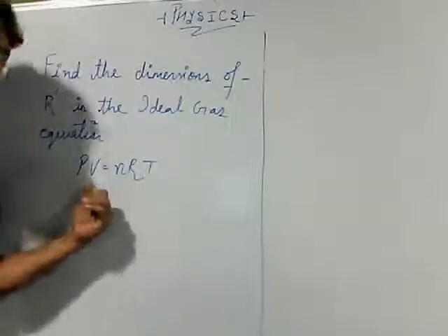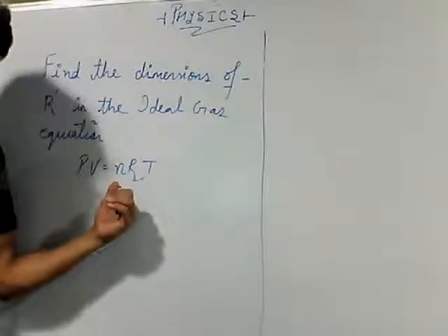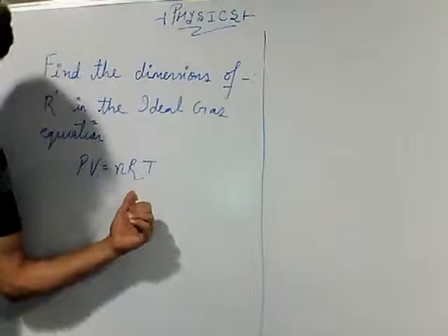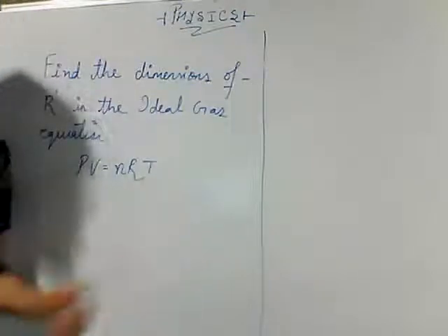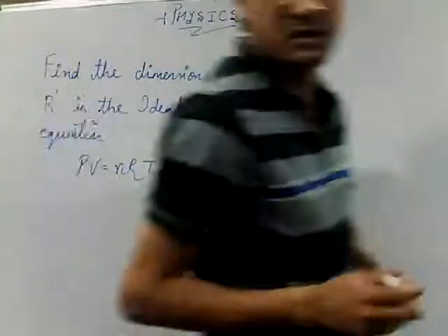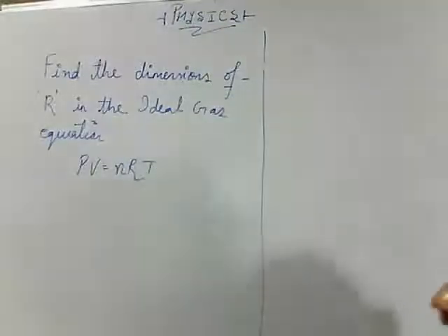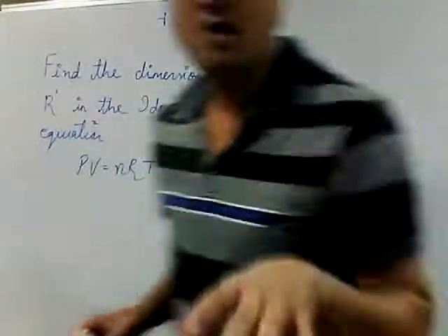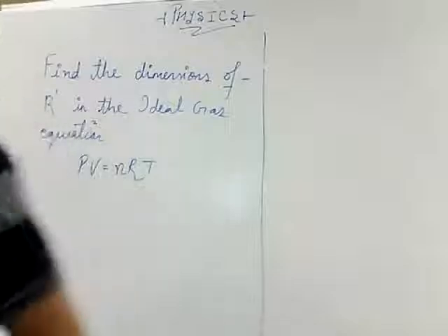P is the pressure, V is the volume, n is the number of moles, R is the gas constant, and T is the temperature. You need to find out the dimensions of R. Chalo, go ahead please.